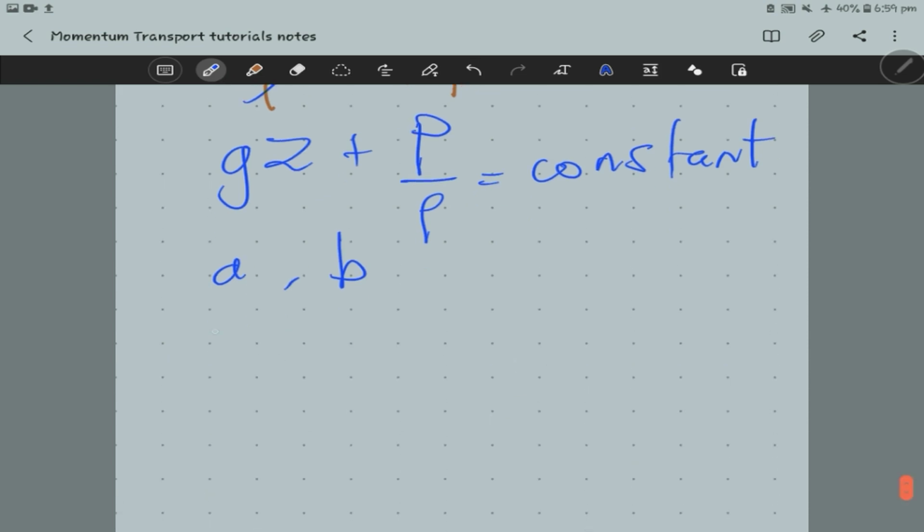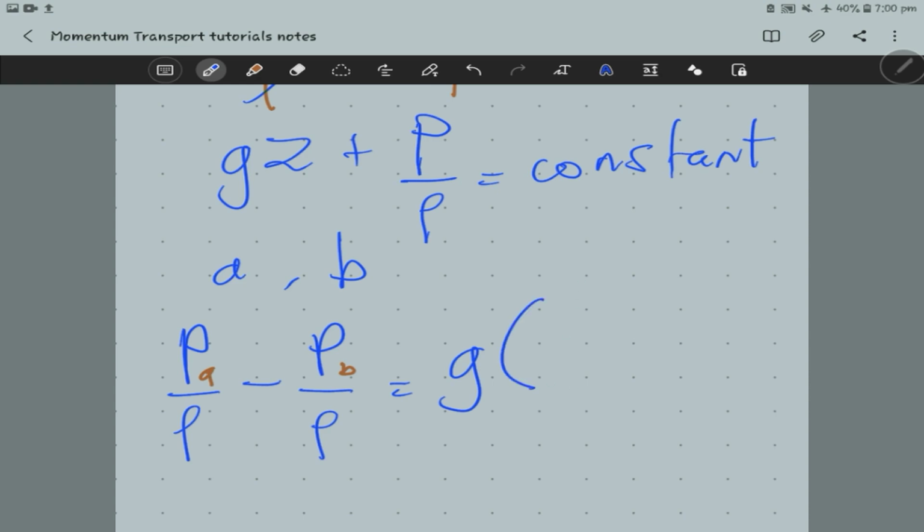That's what we go on to say: we have this P at, let's say, A. This is something else, a different density, because it's a different point, and then we have a P at a different point, let's say B. Then that gives us this: we have g, and a change in height, a different point within the fluid.